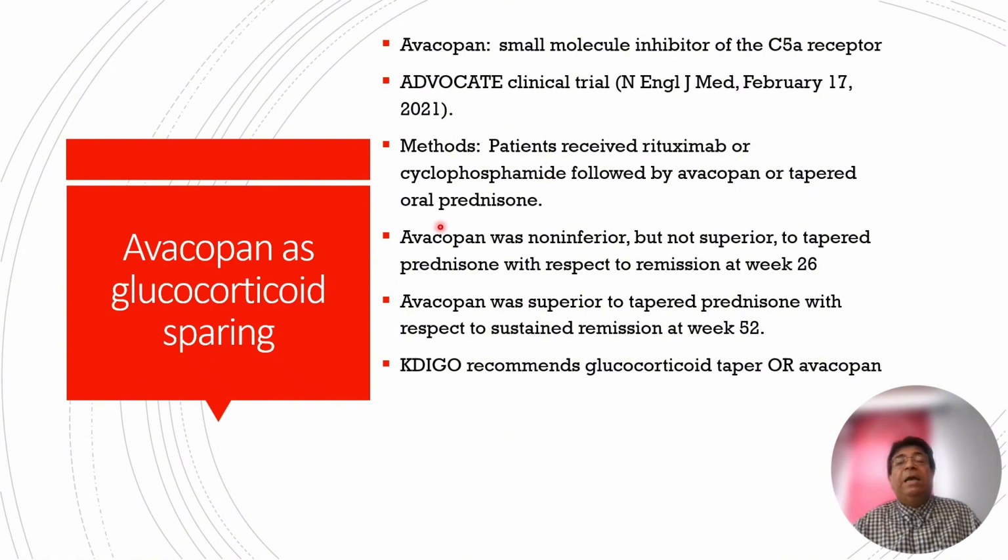And as I said, avacopan was non-inferior but not superior to tapered prednisone with respect to remission at week 26. And avacopan was superior to tapered prednisone with respect to sustained remission at week 52. And KDIGO does recommend glucocorticoid taper or avacopan.